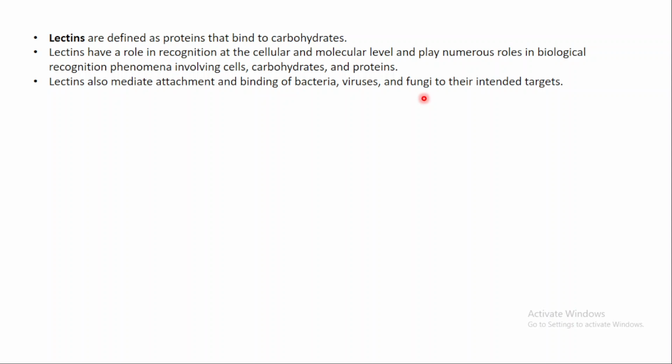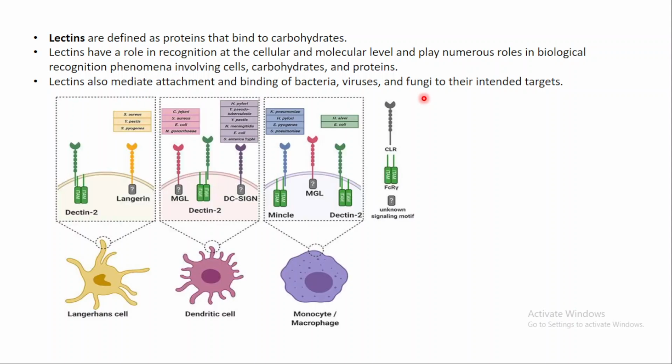Now these lectins can recognize these peptidoglycans, which are carbohydrates present on the bacteria, and the bacteria can lodge into the lectin and attach to the protein, and that's how the bacteria can infect the organism through the lectin. So that is an example of a lectin, which is a protein that can bind to carbohydrates.